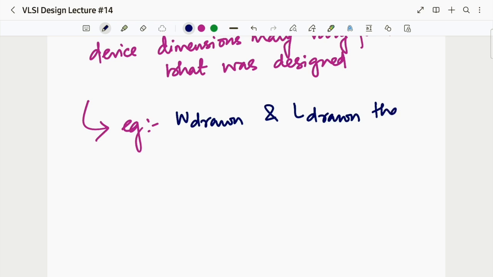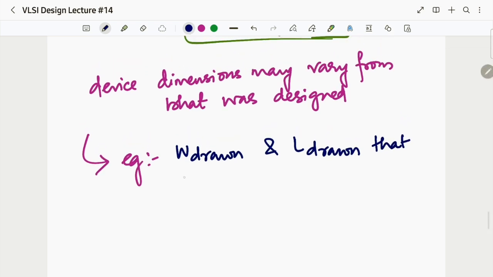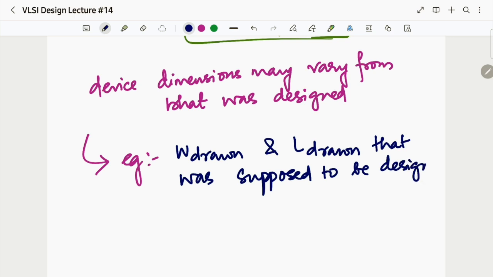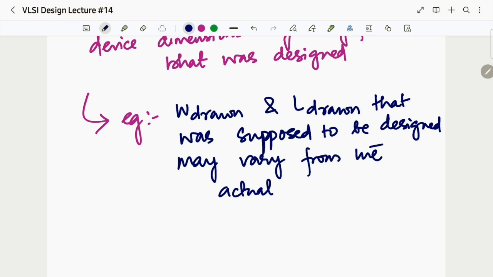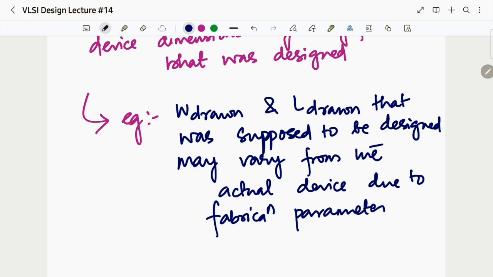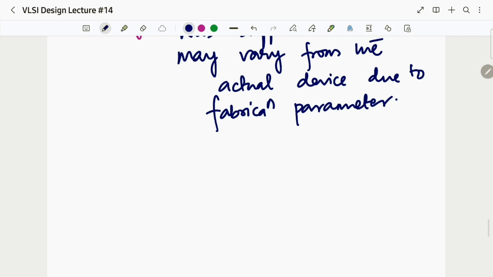Okay, that was supposed to be designed may vary from the actual device due to fabrication parameters. Okay, this is my first example of geometry dependence.